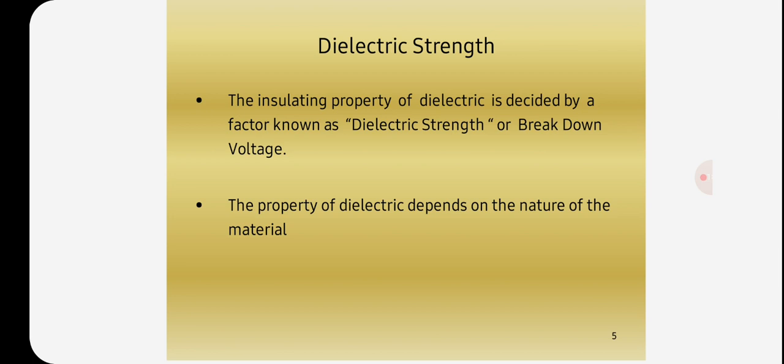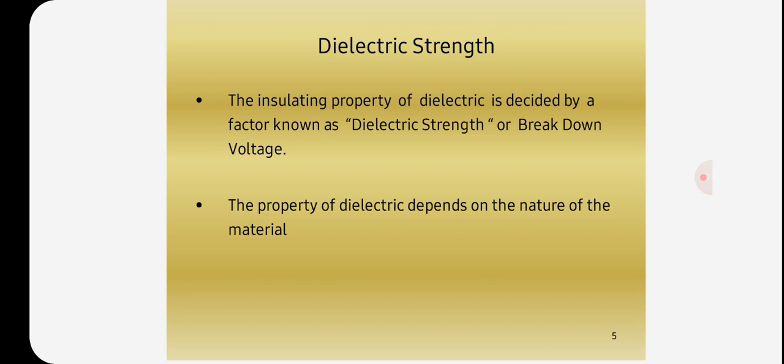It means that the maximum potential difference which 1 centimeter thickness of air can withstand across it without breaking down is 30 kilovolts. If the potential difference exceeds this value, then air insulation breaks down, allowing large current to pass through it.